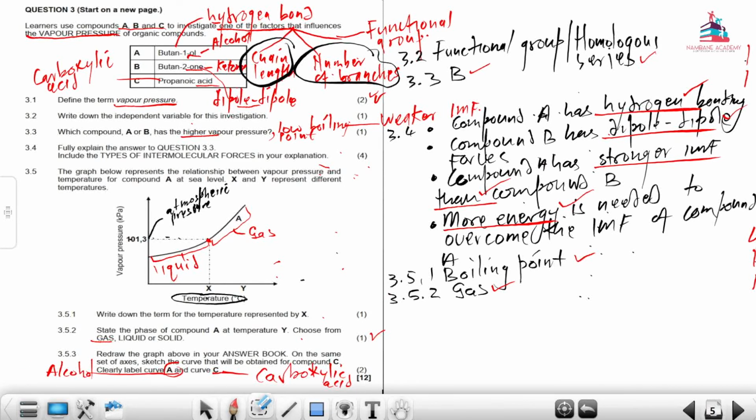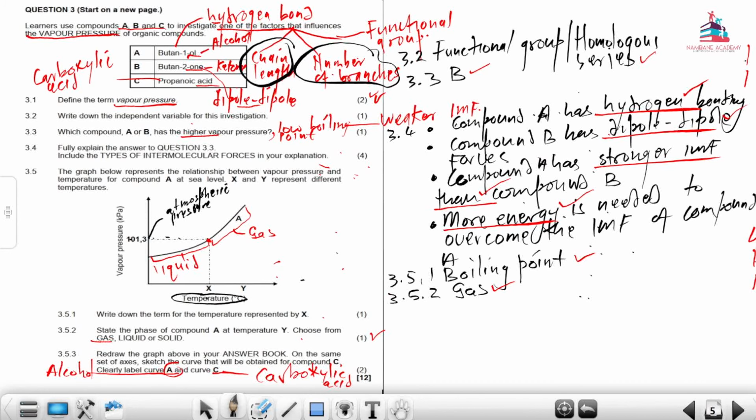How can one explain that? Remember, we said carboxylic acids have two sides of hydrogen bonding. And having two sides of hydrogen bonding makes carboxylic acids have stronger intermolecular forces.